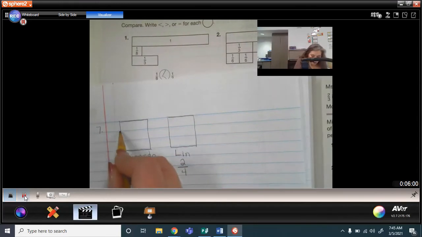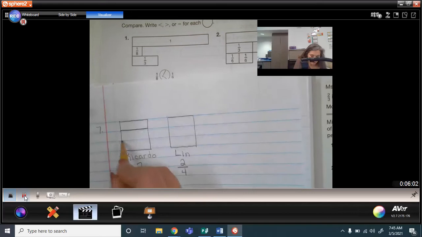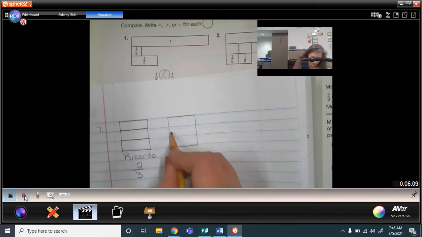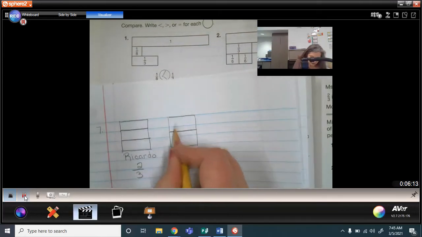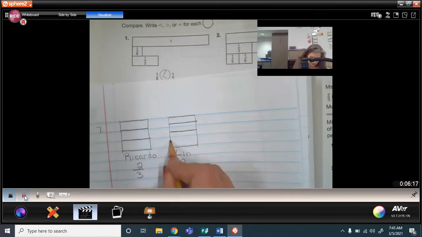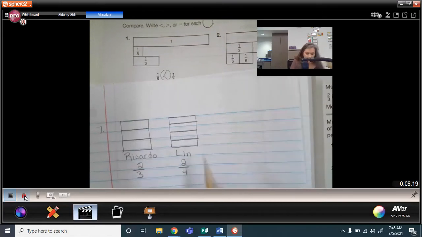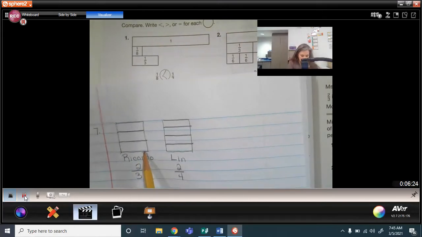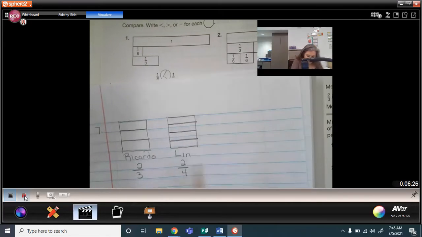Ricardo has broken his book up into 3 equal parts. Lynn has decided to break hers up into 4 equal parts, so I start at half, and then I go between the halves, and I have fourths. You can see that this 1/3 right here is larger than this 1/4.